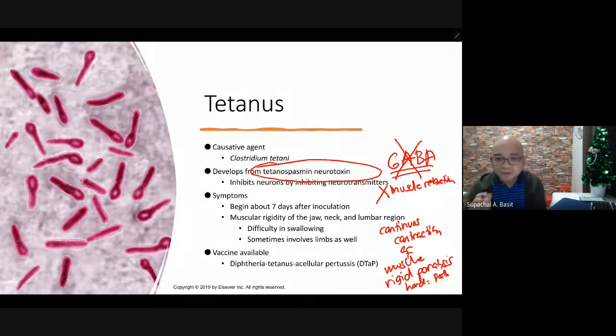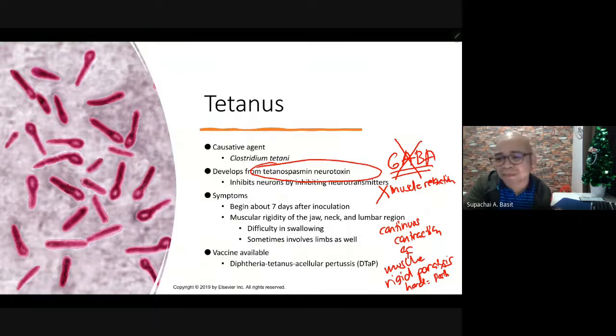Okay? So, Clostridium botulinum causes soft paralysis, while Clostridium tetani will cause rigid paralysis. So, that's the difference, ha?